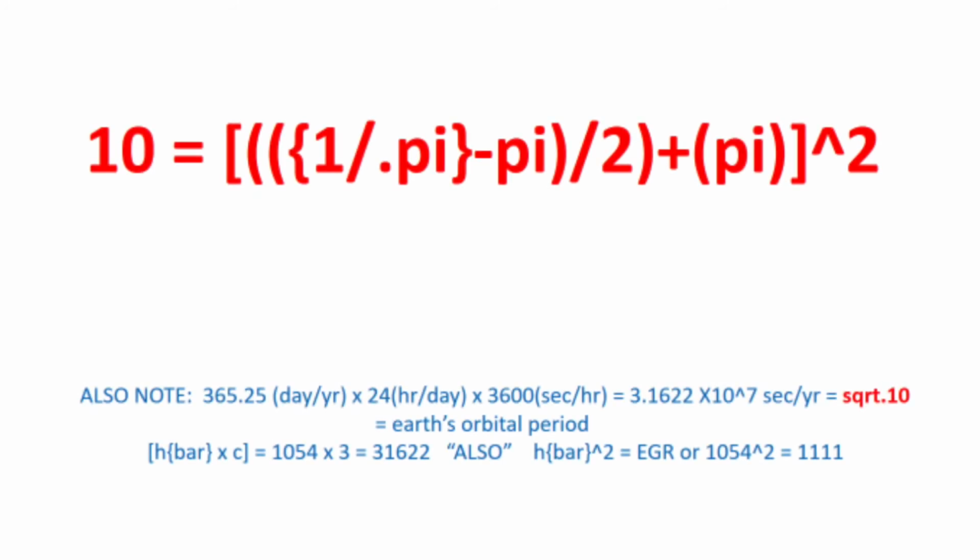As an alternative verification of the base 10 system being universally fundamental, it can also be demonstrated that the exact average value between pi or 3.14159, and its reciprocal 1 over pi or 3.18309 is exactly equivalent to the square root of 10 or 3.1622.